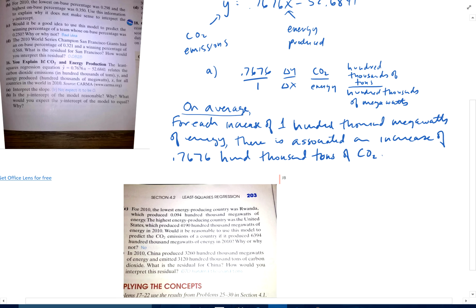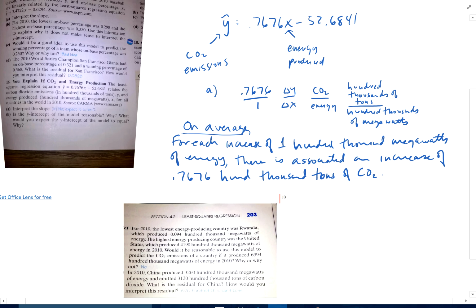B, is the y-intercept reasonable? The answer is, I can say no. It is negative, negative 52, because we can't have a negative amount of emissions. And the reason is because my data is all out here.